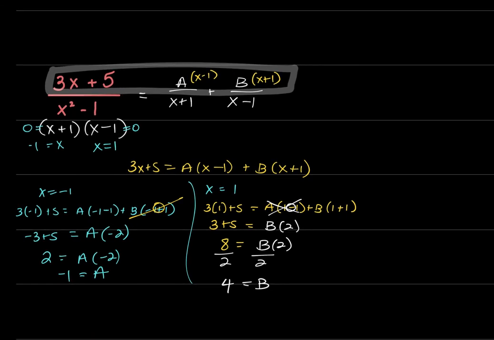Your A should be over your x minus 1, right? Order doesn't matter as long as the right one goes over the one it's supposed to. So A here was negative 1 over x plus 1, and B is 4 over x minus 1.